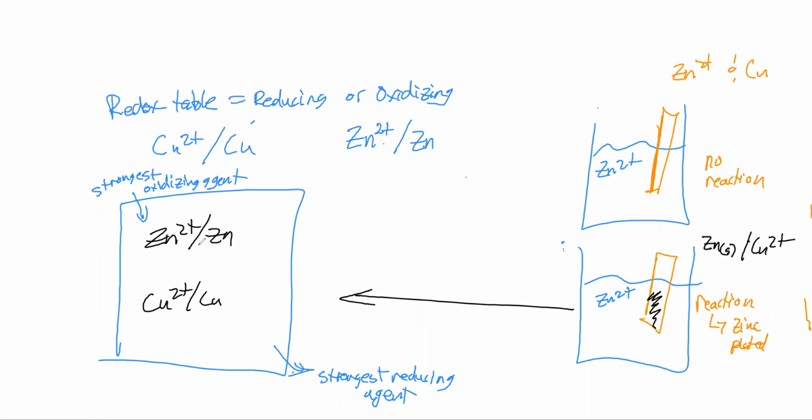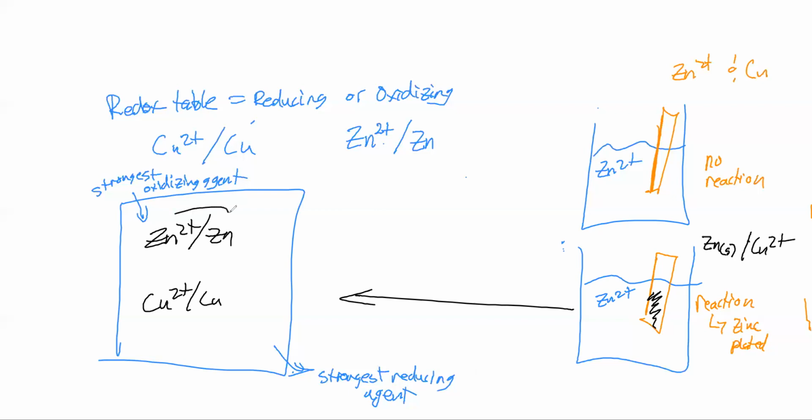So whoever's the strongest oxidizing agent goes on the top left, whoever's the stronger reducing agent goes on to our bottom right. And so as we read through our lab, as we find and record the different data, then we're going to use that in order to create our redox tables and start to put those into place for us.